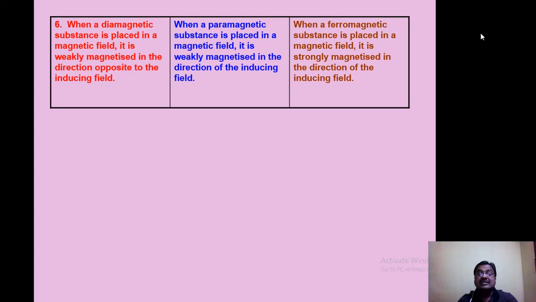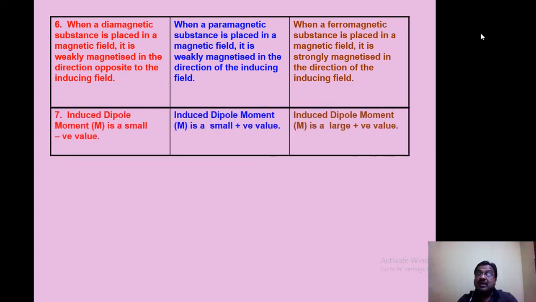Same thing happens for a ferromagnetic substance, but it is strongly magnetized in the direction of the inducing field. Paramagnetic substance is weakly magnetized, ferromagnetic substance is strongly magnetized, but both are in the same direction.